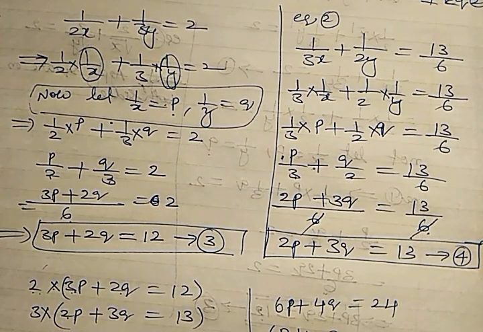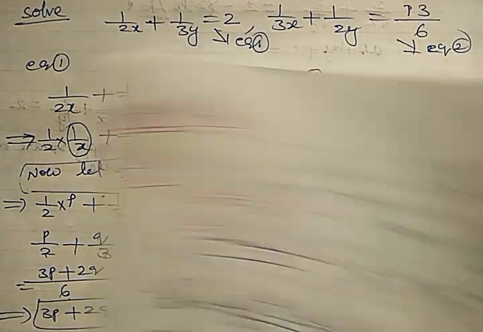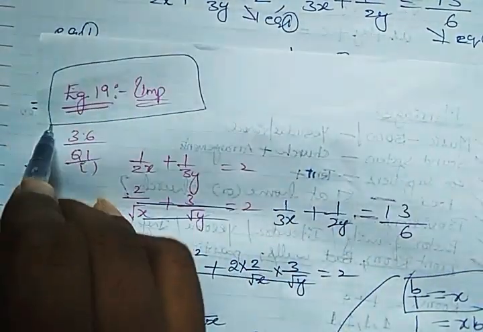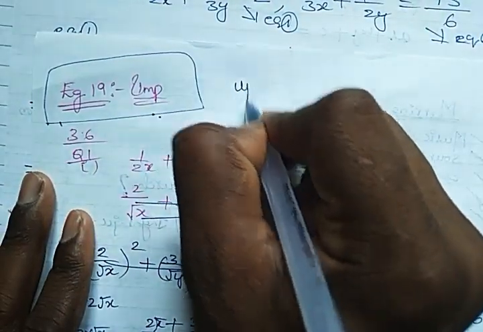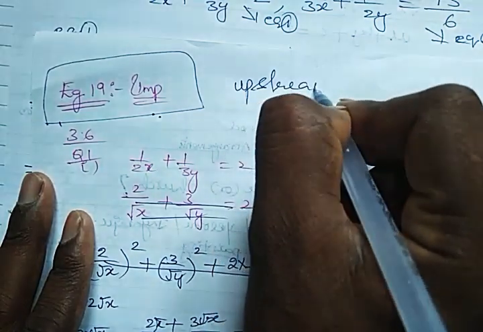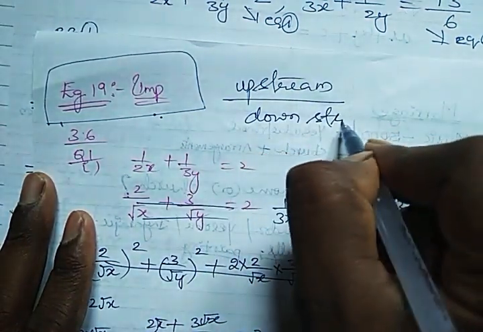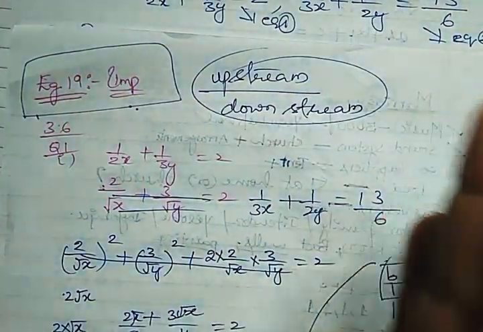And another important thing is, there is an example given in the textbook. That is example number 19. Its explanation is completely given there. It is about upstream and downstream. You might have studied it in class 9th also. Based on this, there will always be a question in the board exams regarding upstream and downstream.